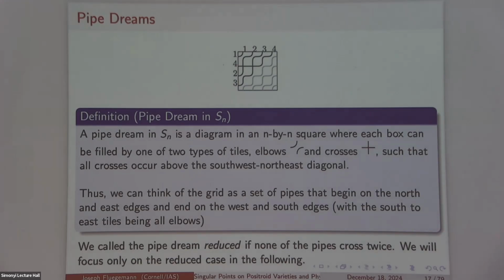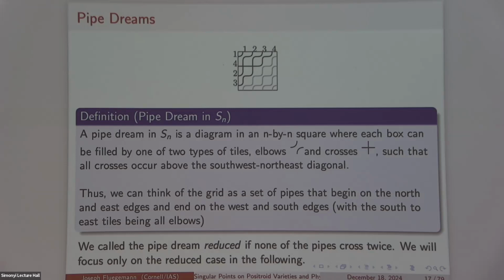Okay, so the proof is going to do something related to smoothness on Positroid varieties by using some kind of pipe dream. There's some sort of combinatorial diagram to make sense of smoothness.